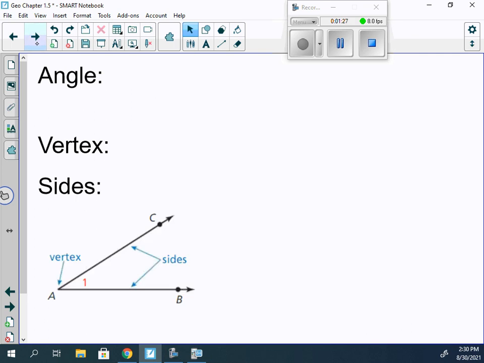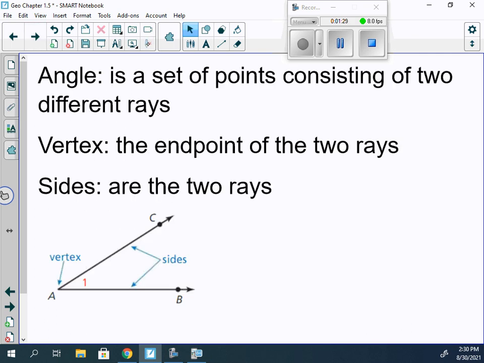Now, let's go and look at these here. An angle is a set of points consisting of two different rays. So two rays make an angle. For any angle, it's made of two rays or two line segments.